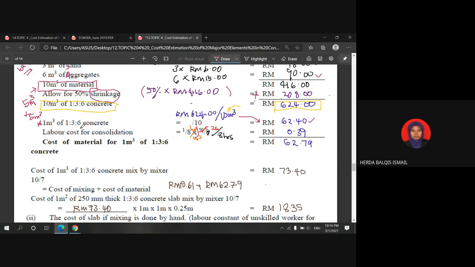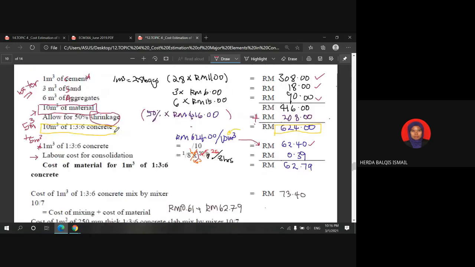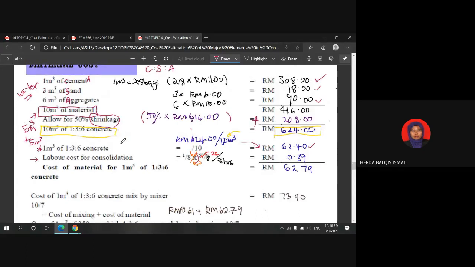Next, it is required to do compaction for the concrete so that the concrete will spread well. So under material costs, we need to include the labor cost for consolidation, or compaction.